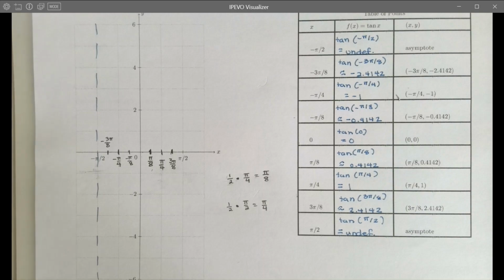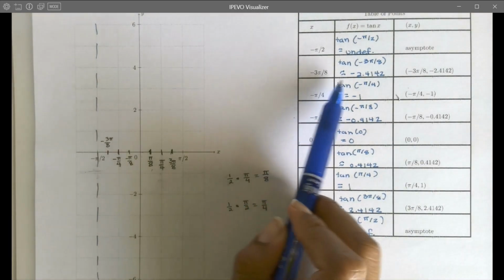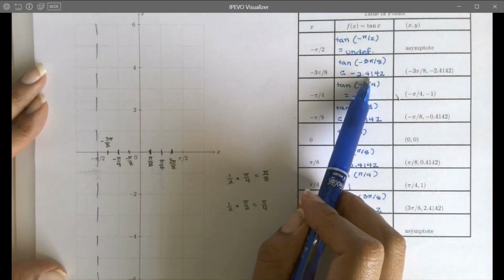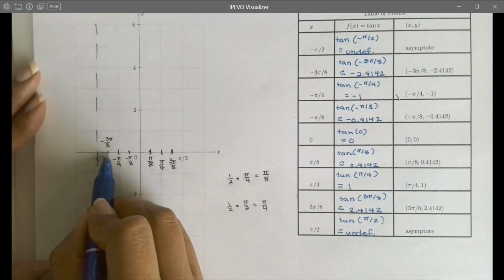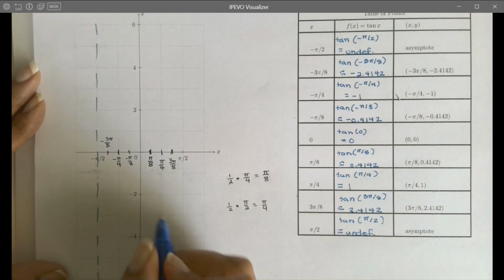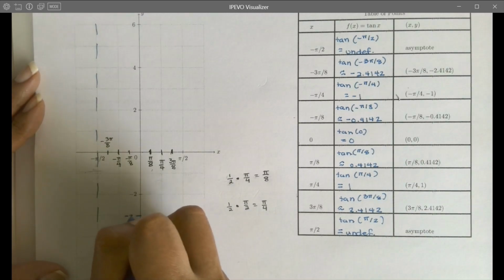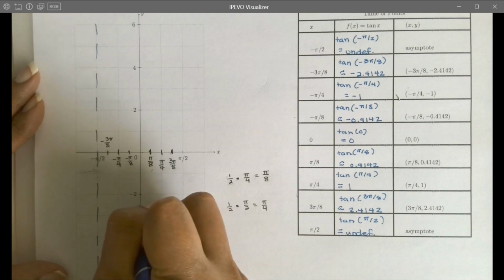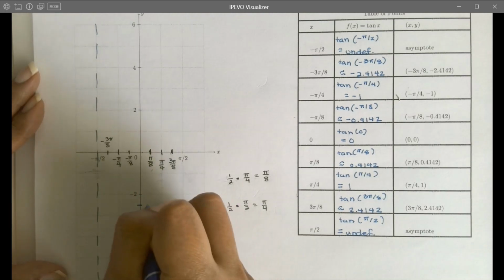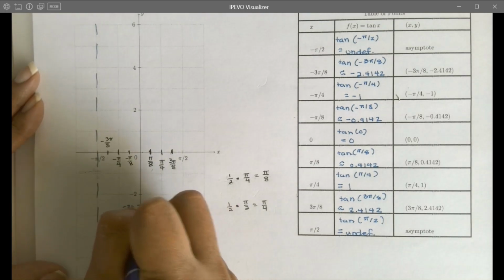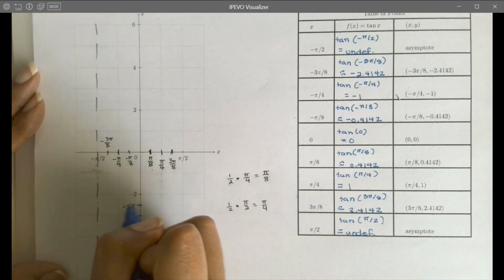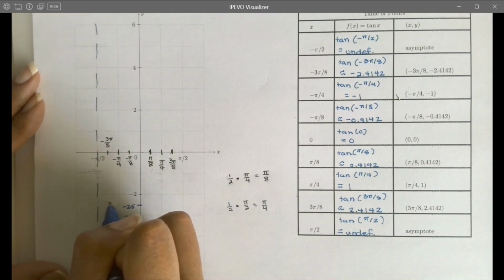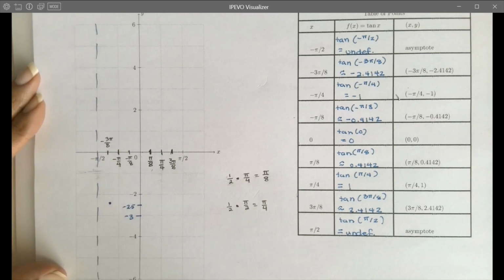Then at negative 3 pi over 8, that corresponds with negative 2.41. So this is negative 2, this here would be negative 3, then we would have a negative 2.5. So if I want to get negative 2.4, it's going to be right above that negative 2.5 line.